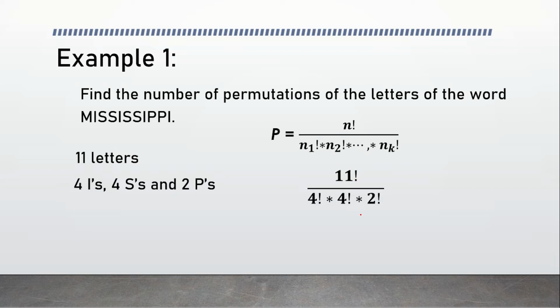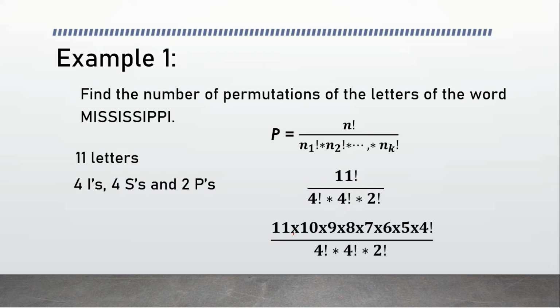Kapag in-expand natin ito, we will have 11 times 10 times 9 times 8 times 7 times 6 times 5 times 4. Nag-stop na tayo doon sa 4 factorial since yung pinakamalaking value natin dito sa denominator is 4 factorial.